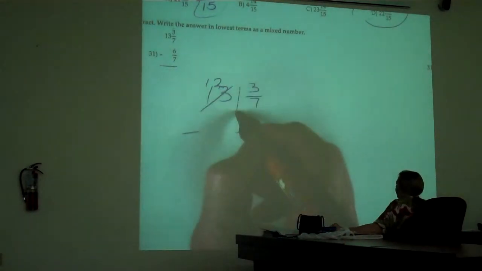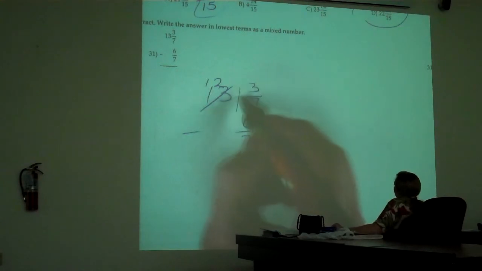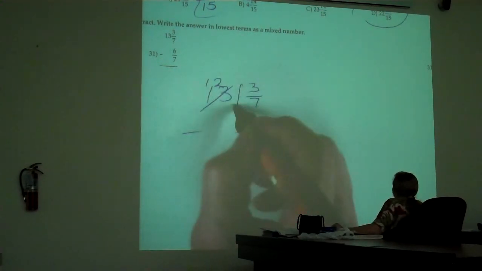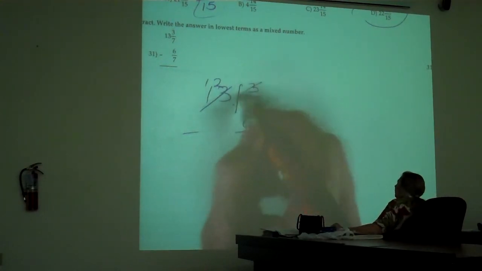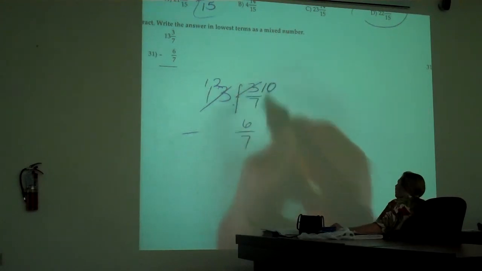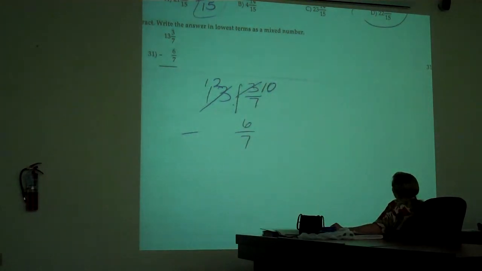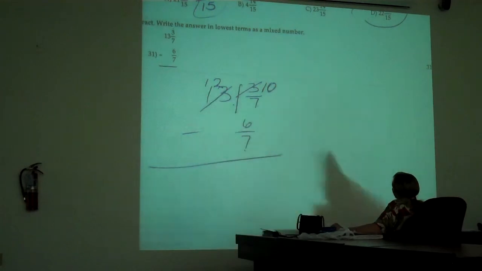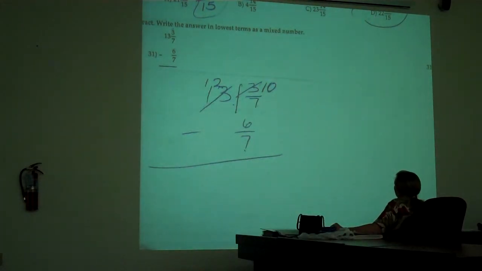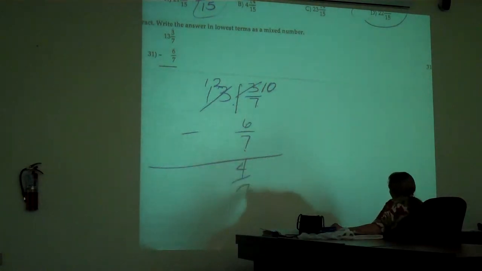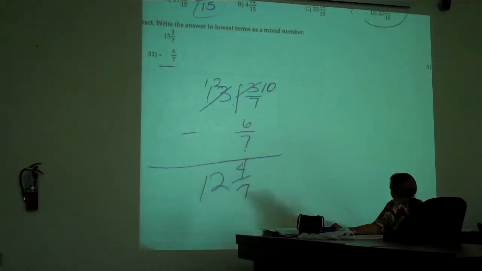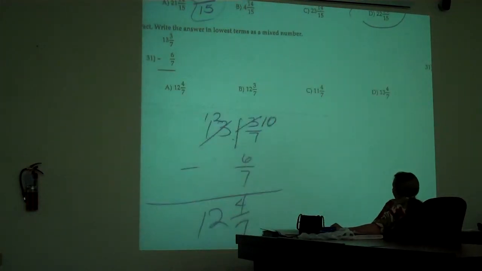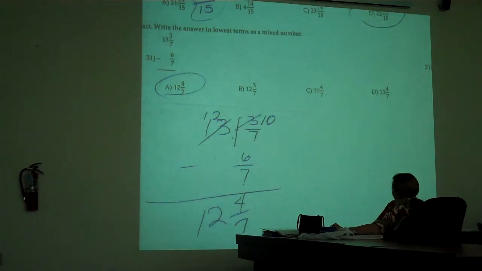Now 7 times 1 is 7 plus 3. Now we have 10/7. Now it's big enough. 10/7 minus 6/7 is 4. 12 minus nothing. And that won't reduce.